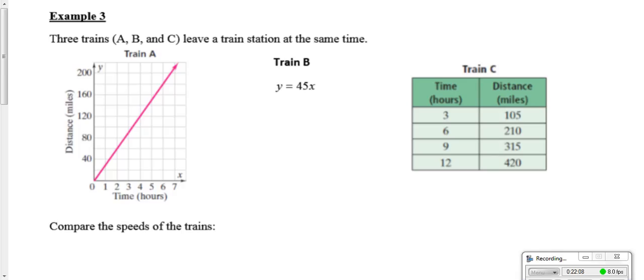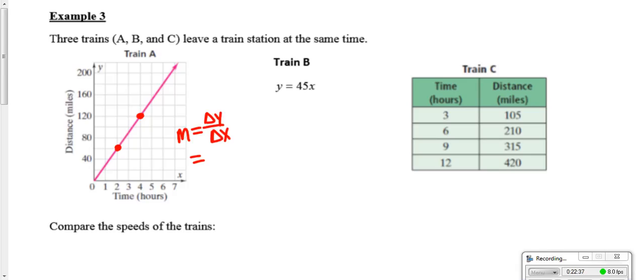So starting with train A, our graph. Okay, so again, we're going to remember that slope is the change of y over the change of x. We have to calculate from one point on our grid to the next. So I'm going to just pick any 2 points on your grid. When I go from one point to the next, I'm taking a look at my axes.